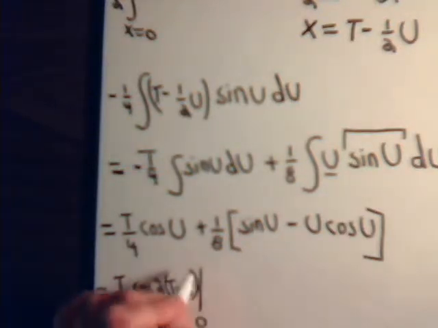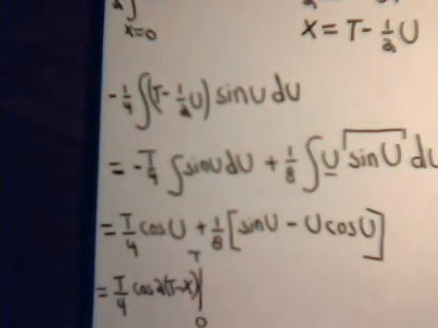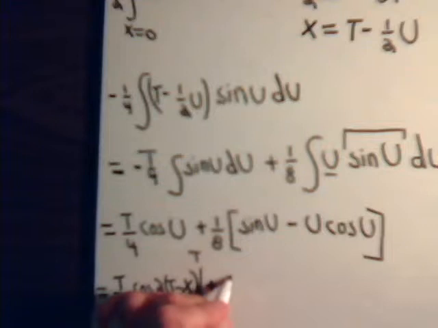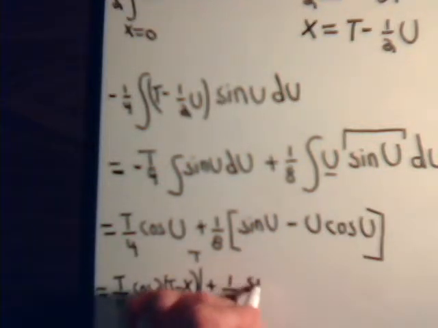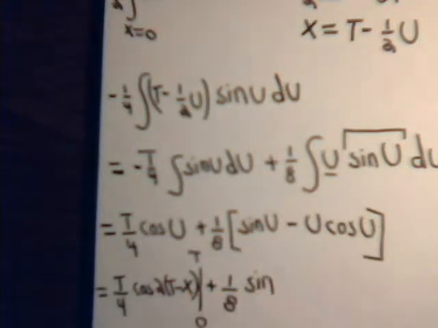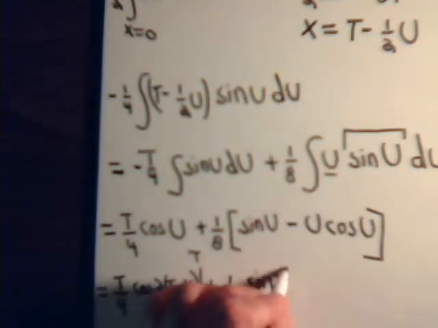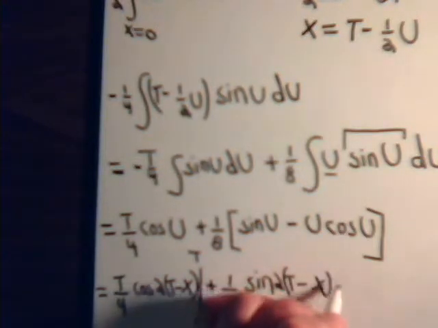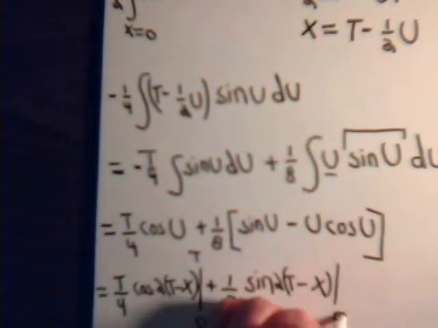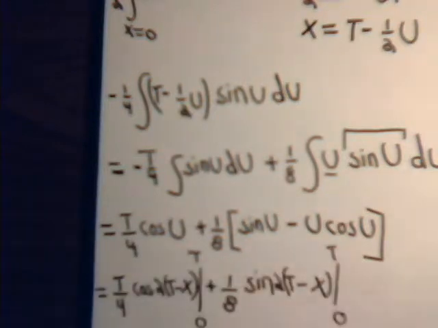X goes from 0 to x equals t. Then we have plus 1/8 the sine of u, that's 2 times t minus x. X goes from 0 to x equals t.